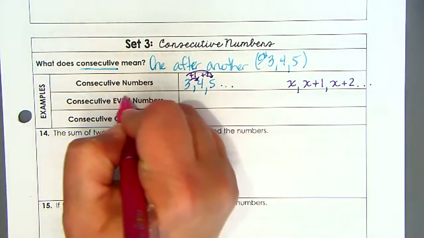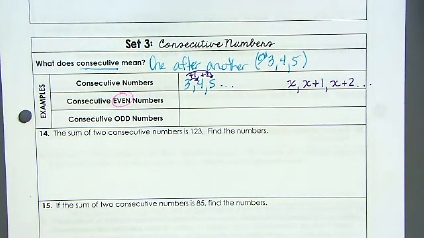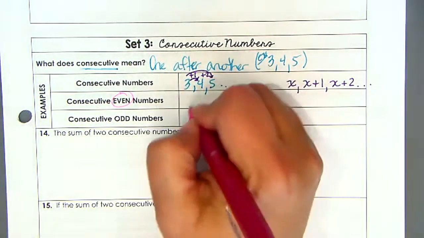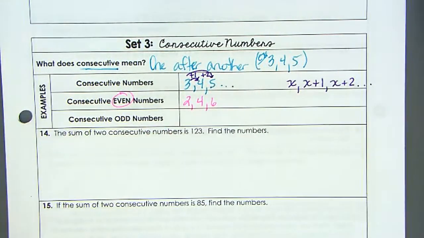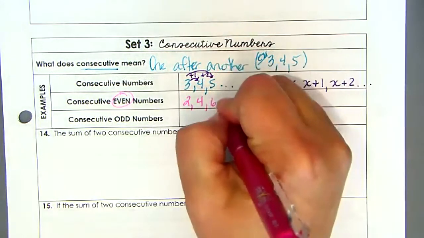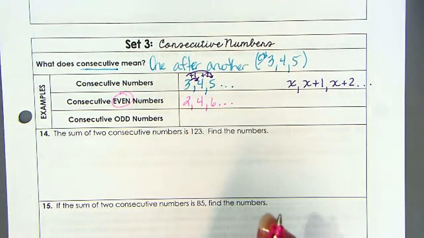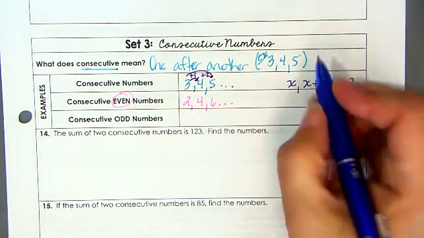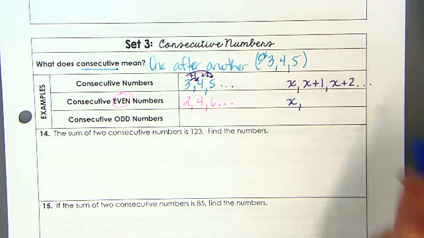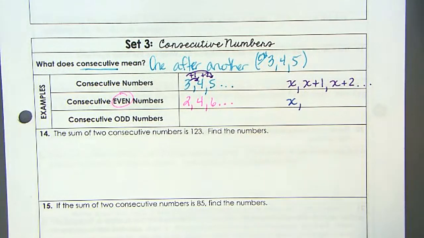If it's consecutive even numbers, that's going to be numbers like 2, 4, 6, dot, dot, dot. So now we have to think about, my first consecutive number is always going to be X. Now I've got to talk about how it is related to the next.